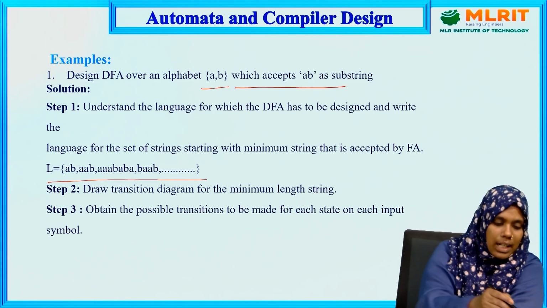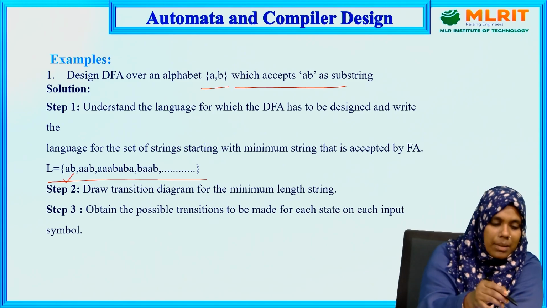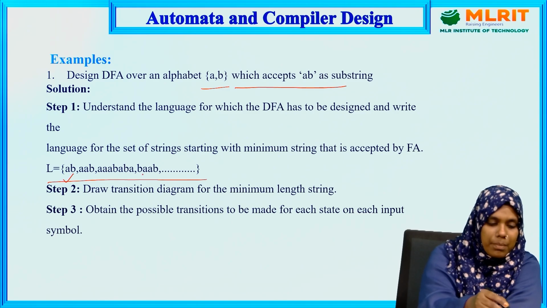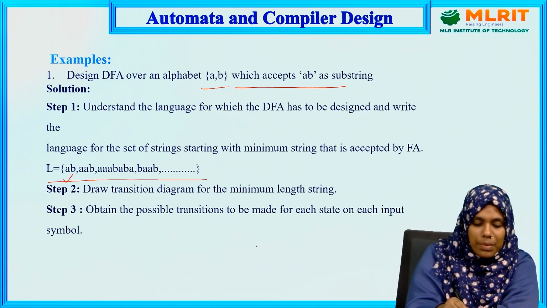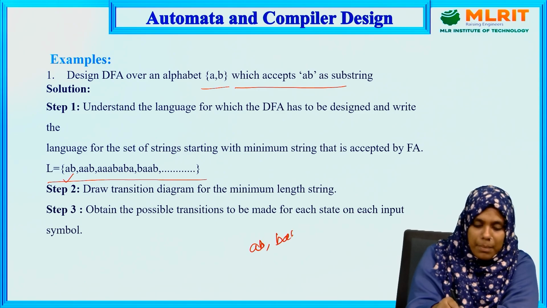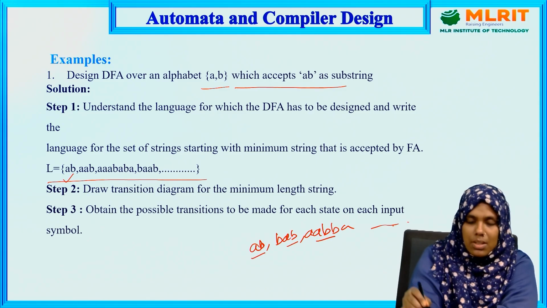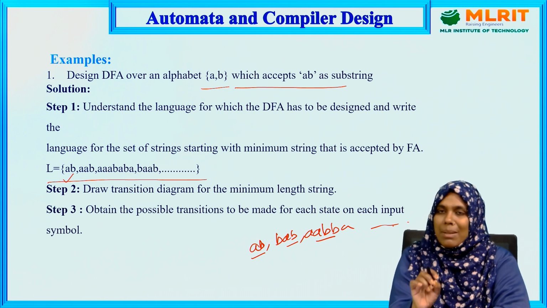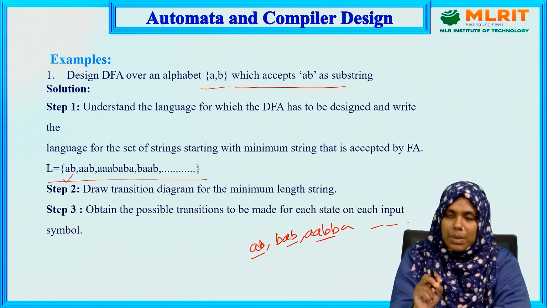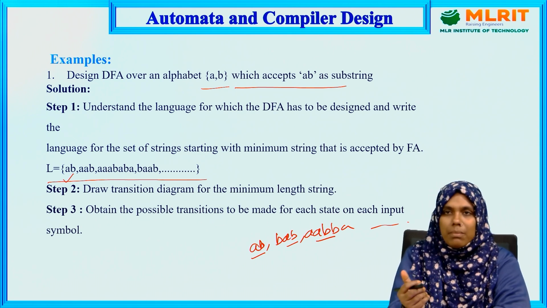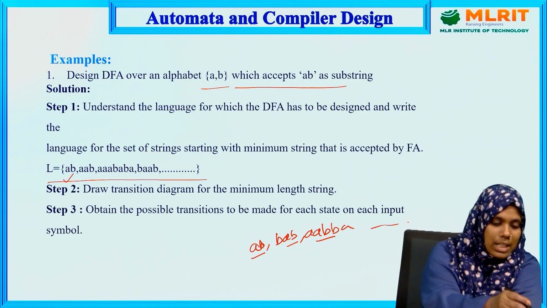So the language can be AB, AAB, BAB, ABBA, and so on. You can see the substring is AB in each. The minimum length of the string should be 2, and the maximum can be anything.